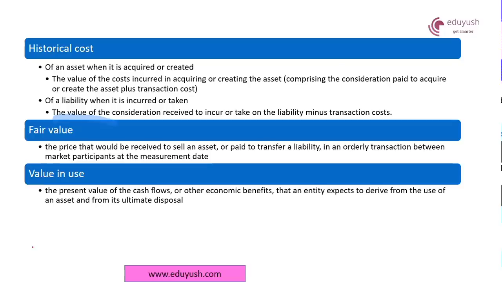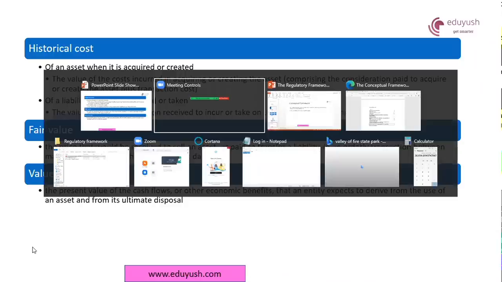Valuation of fixed assets. Okay, fine. Now we come to the concept of value in use. It's a present value of the cash flows or other economic benefits an entity expects to derive from an asset and from its ultimate disposal. So I will show you one example.